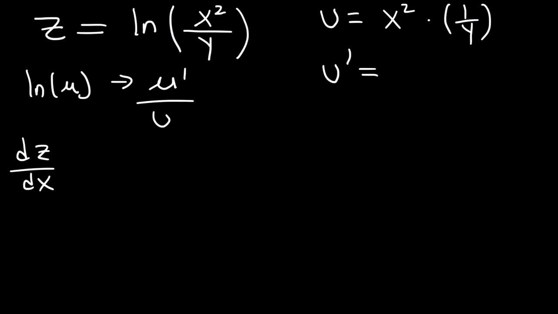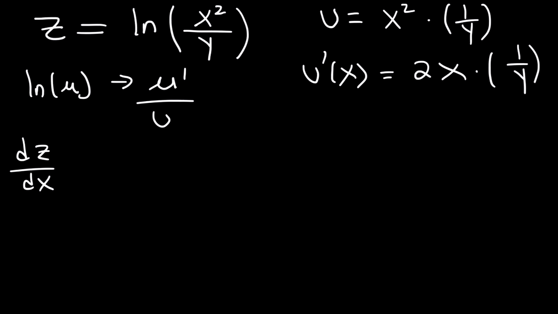So u prime with respect to x, we're going to treat x as a variable. So the derivative of x squared is 2x times the constant 1 over y. We're going to treat 1 over y as a constant. So now dz/dx is going to be the same as u prime over u.